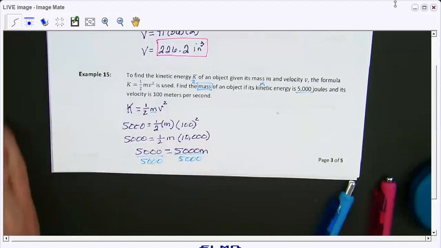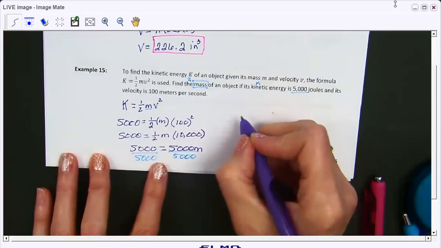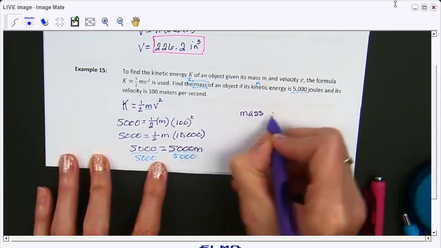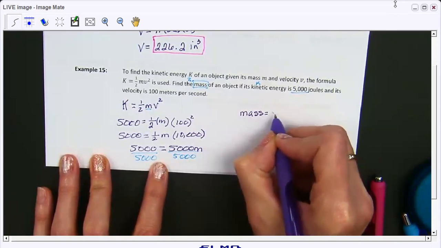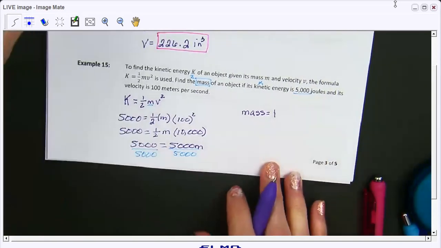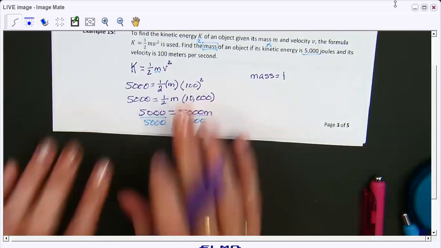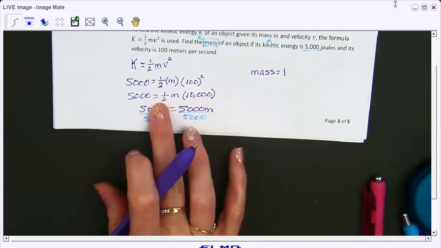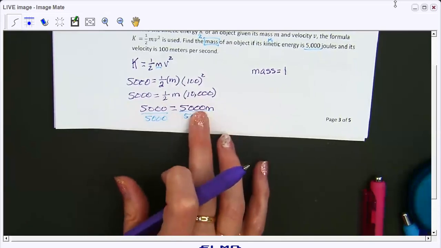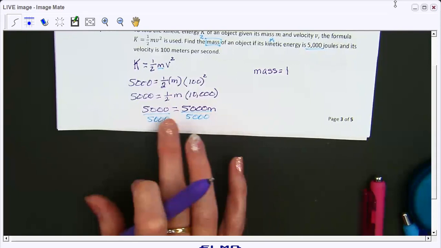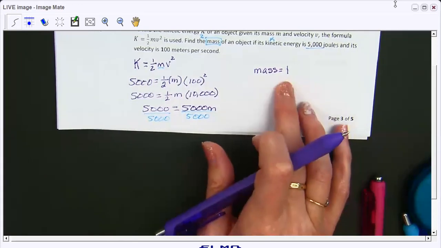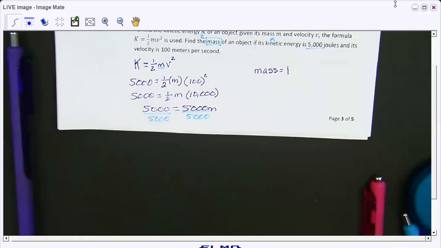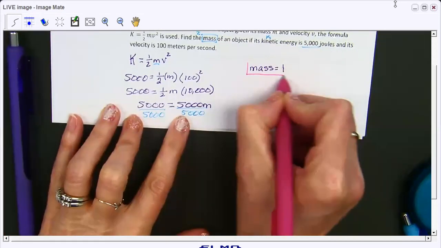So our answer is, no, it should be 1. So the mass, did you do 100 squared gets you 10,000, right? And then 10,000 times 1/2 is 5,000. And then 5,000 divided by 5,000 is 1. Okay, so this would be our answer right here.